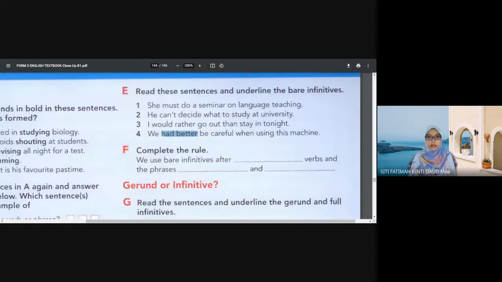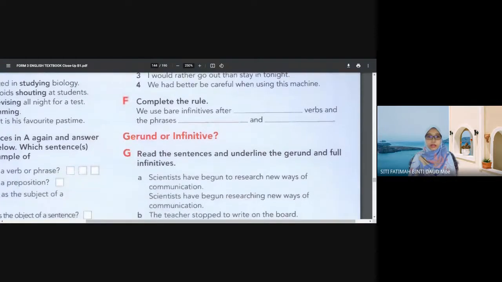So when you get a question about error correction, if you see these three things, the verb after that must be back to the root word, which we call the infinitive.